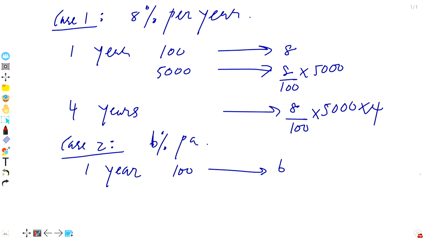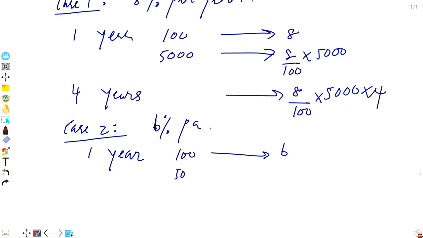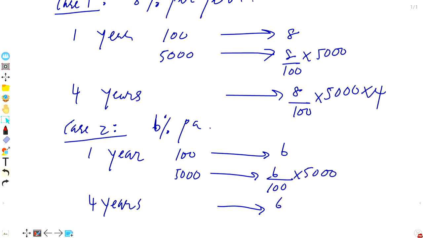Then for 5,000, it would be 6 divided by 100 times 5,000. So for 4 years now, how much? Sorry, 3. 3.